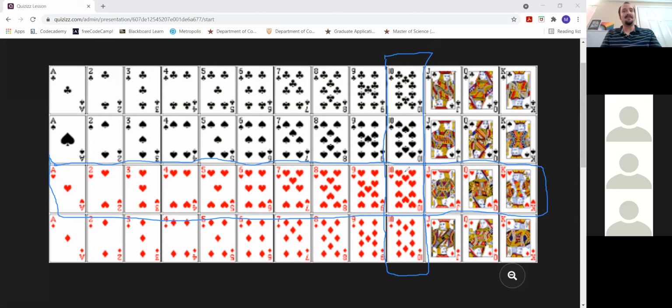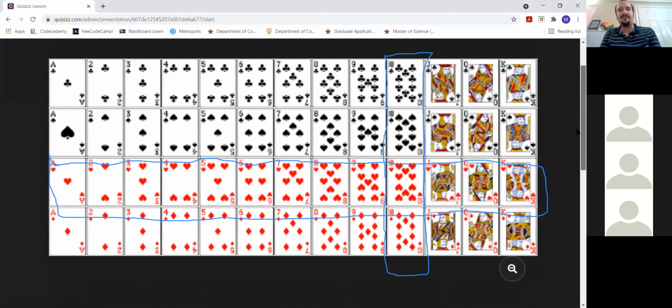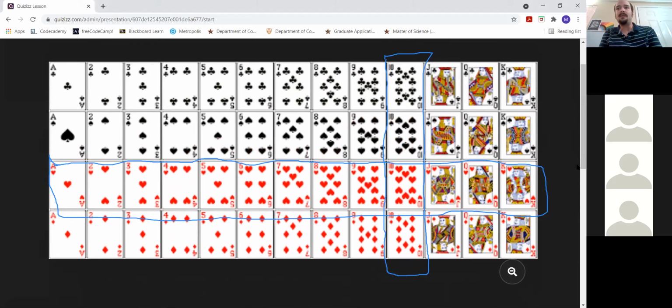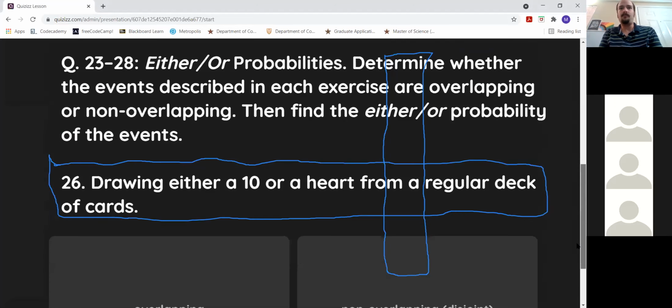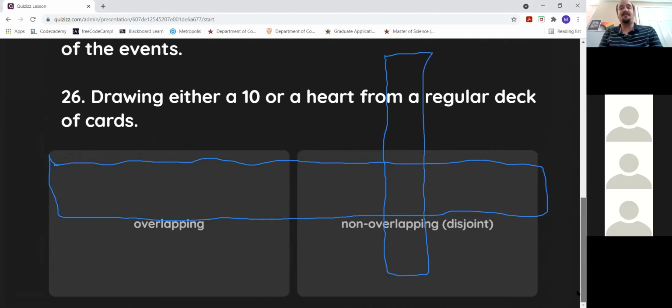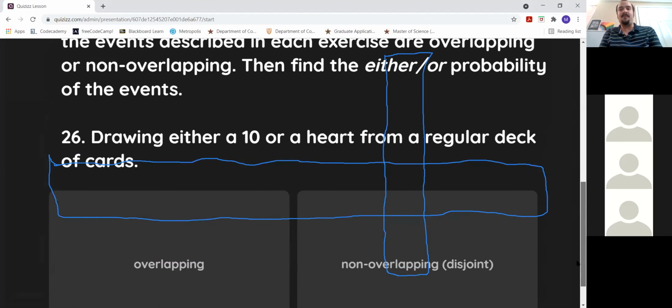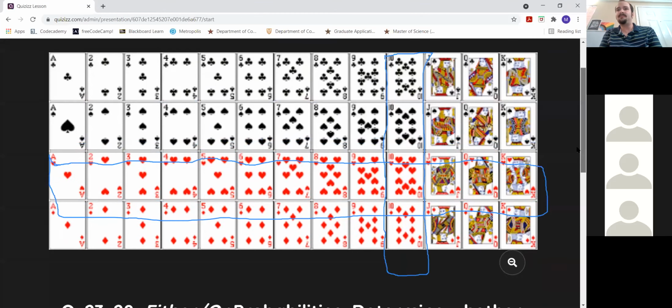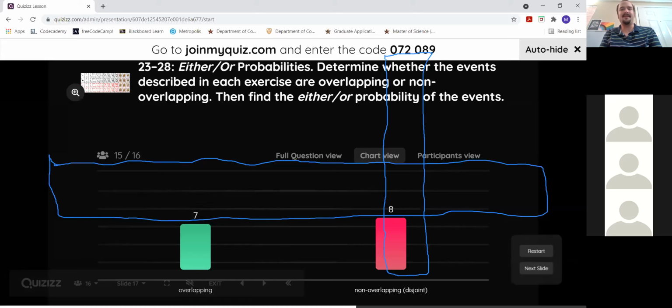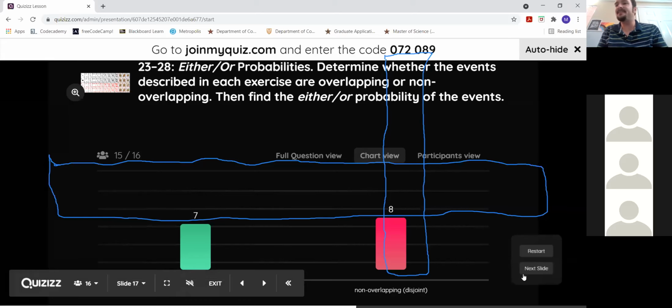The 10 of hearts. The 10 of hearts is the overlap of the 10s and the hearts. That's the word I was looking for. Their overlap is called 10 of hearts. So these are overlapping. Is that what the solution said, right? Overlap. Yes, okay.